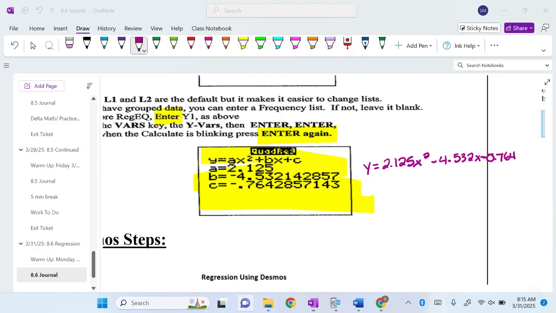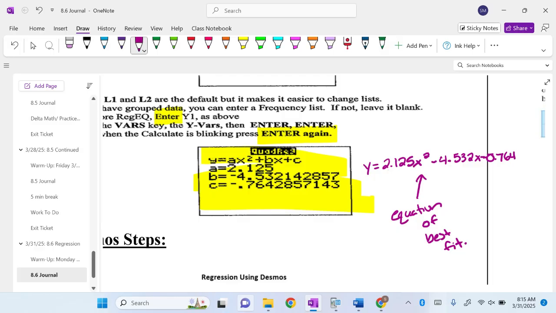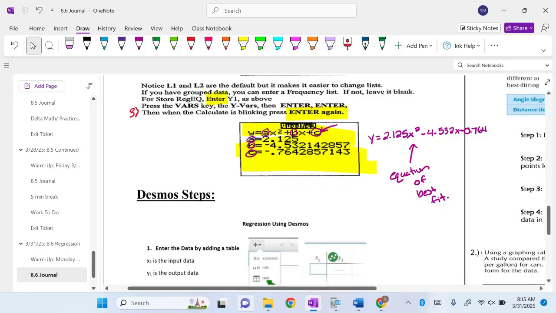That would be your equation of best fit for that set of data. So that's how you read it. They give you how you put it back into the equation, and then they give you the actual variables, so A, B, and C, and you plug it in for A, B, and C. So that's using the calculator.